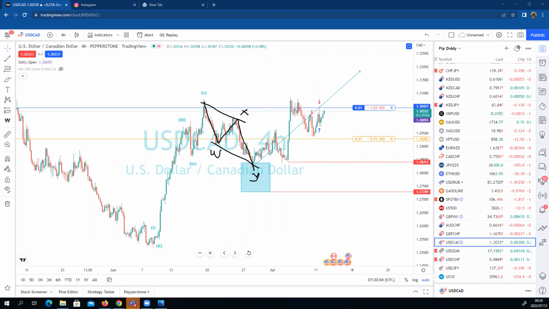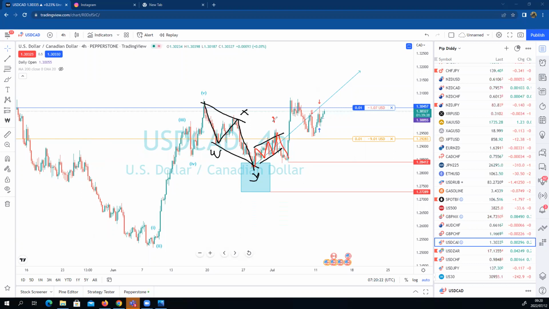And then from the blue box, we had this reversal here, starting with a leading diagonal. We had a leading diagonal 1, 2, 3, 4, and 5, and then a correction.